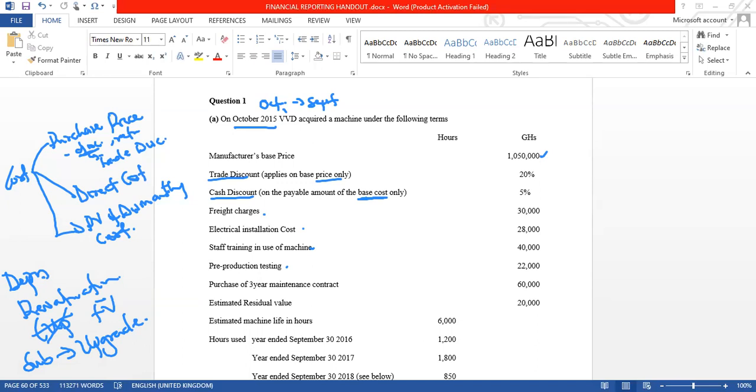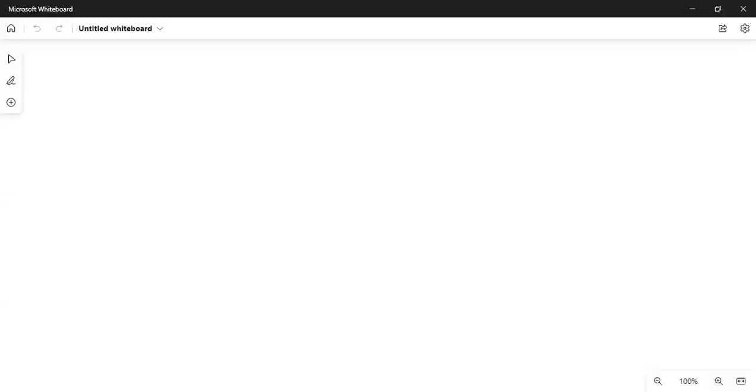In terms of dealing with the question, what we are going to do is determine the cost. So we take question VVD and try to determine cost.